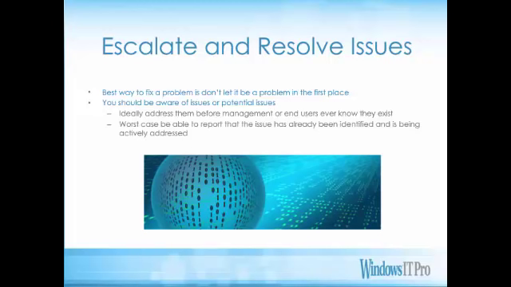So who is going to be responsible? How are issues going to be communicated? How are troubleshooting and resolution going to be tracked? How is the issue going to be escalated if it can't be resolved?